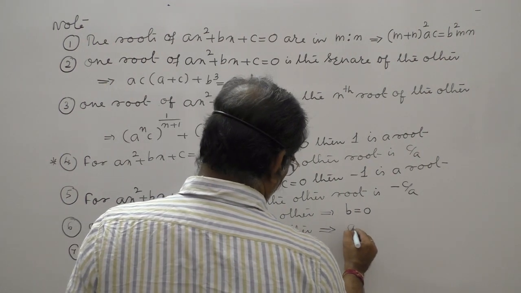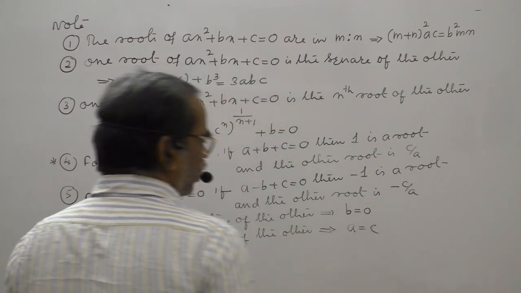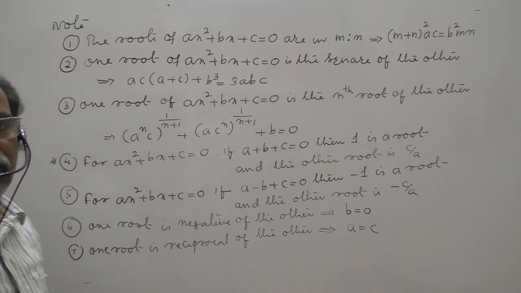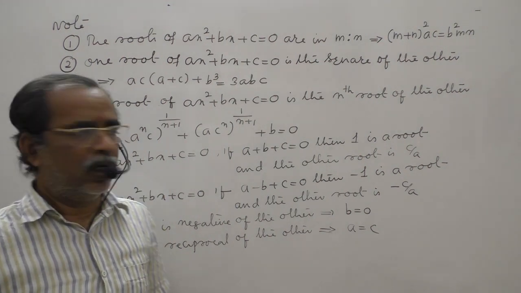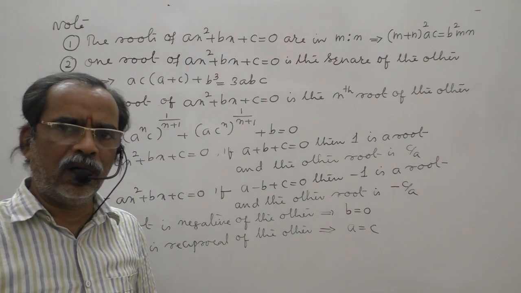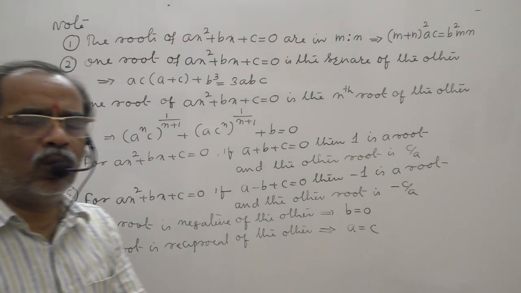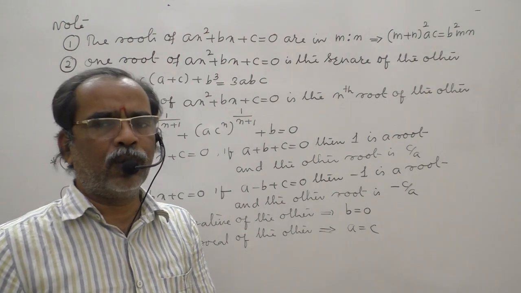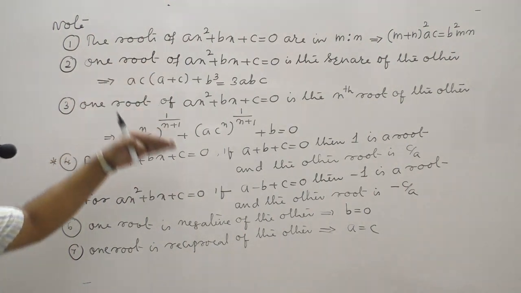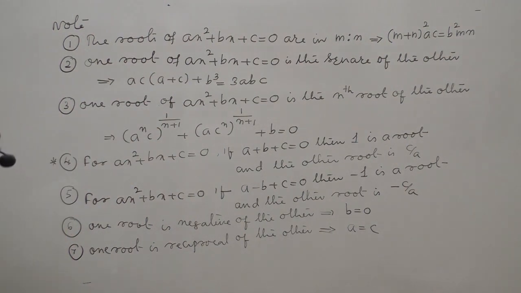A is equal to C. In the equation ax square plus bx plus c equal to 0, if the x square coefficient and constant are equal, then it will have two roots which are reciprocals of each other. These are some more properties of this quadratic expression. We will be using these in objective especially.